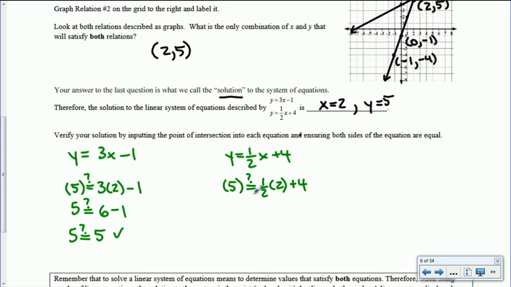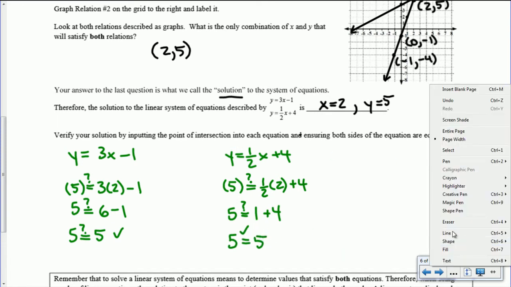So we're not trying to mix these or solve for anything, because there's no variable that we need to solve for. So we're just evaluating both sides independently and checking that they match up. So 1/2 times 2 is 1, plus 4, and 5 is indeed equal to 5, so both equations work.